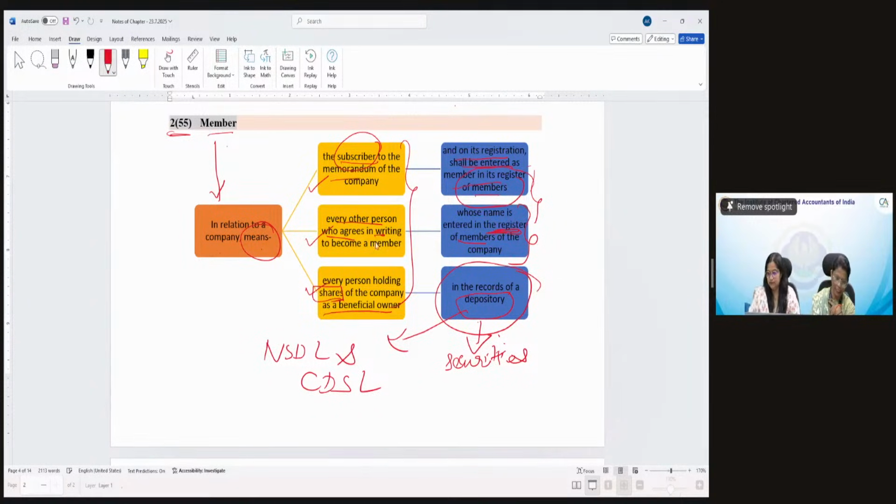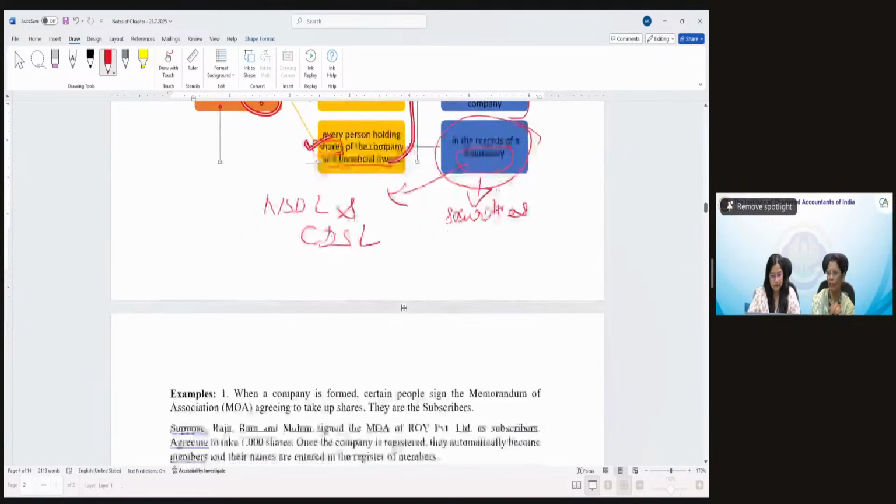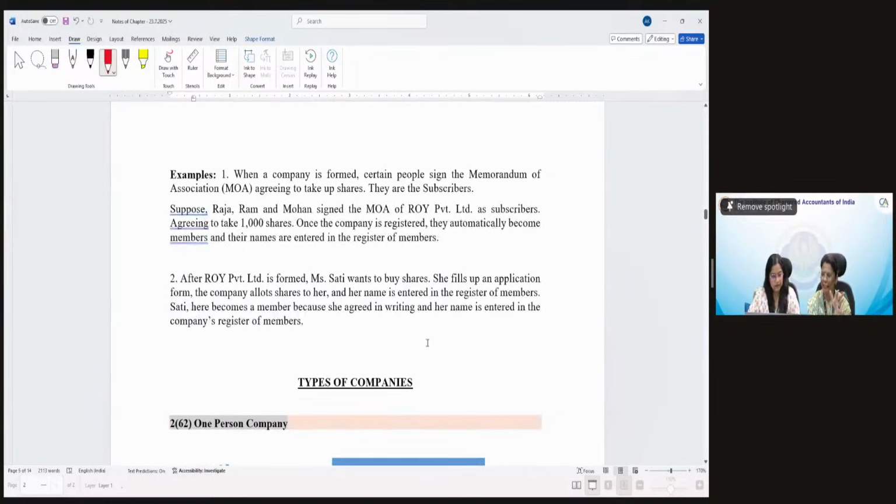Now let's take examples and then we will take a break. Here are the examples you would be seeing. I've already explained who the subscribers are, so no need to explain it again. Suppose there are three people, Raja, Ram and Mohan, who have signed the memorandum of association of this Roy Private Limited, and they are termed subscribers to this memorandum of association.